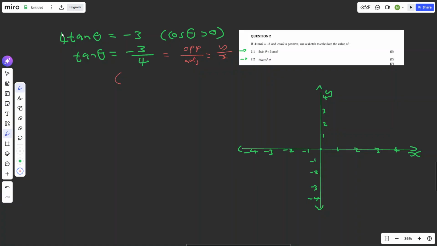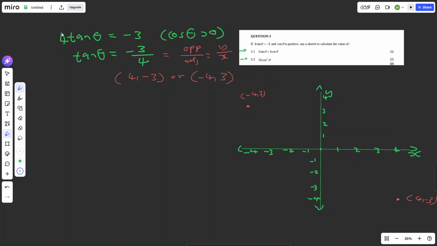Okay, so the possible coordinates here are 4 and -3, or -4 and +3. So it would either be at this point or this point here. So at this point here it's -4 and 3, and at this point here is 4 and -3.